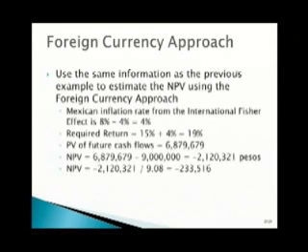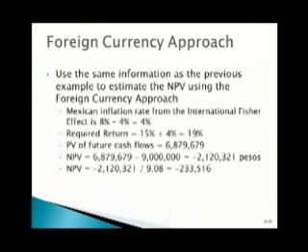Now let's look at the foreign currency approach. We're going to get a slightly different answer because the Fisher effect is an approximation. It's doing some things that I don't want to get into here. But we'll use the same information as the previous example. We'll estimate the net present value, this time using the foreign currency. So the Mexican inflation rate from the International Fisher effect, as we noted, is 4% higher than the U.S. rate.